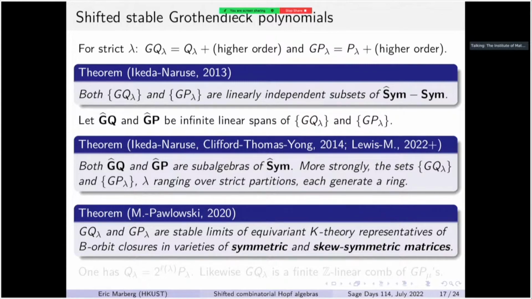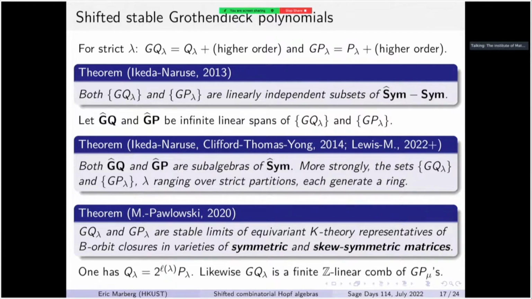That's going to preserve symmetric and skew-symmetric matrices. So you get a family of orbits indexed by involutions in the symmetric group. You can take their closures. You can consider their equivariant K-theory representatives. There are some polynomials, and then you take some kind of limit, and you would get GQ and GP lambda. So there's some analogous discussion there.